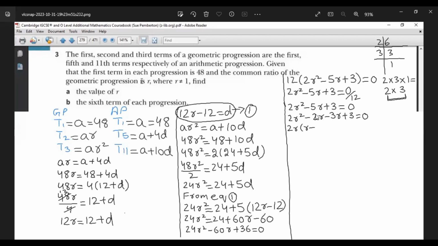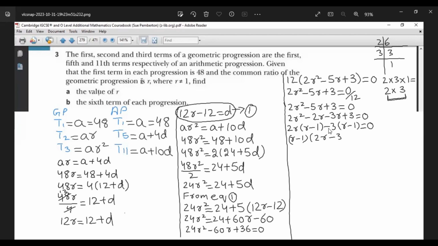Okay. So I will be having 1 over here, minus 3 common, R minus 1 equals to 0. Okay. So R minus 1 bracket is common. So R minus 1 common as a bracket. So from the first bracket, what is left outside? 2R. From the second bracket, what is left outside?